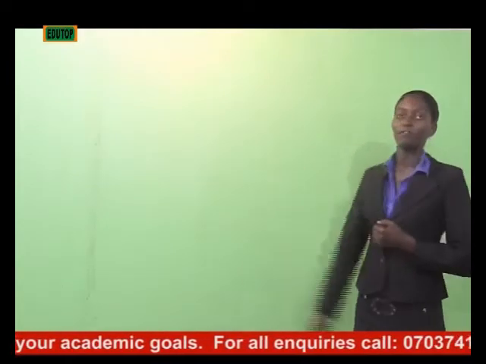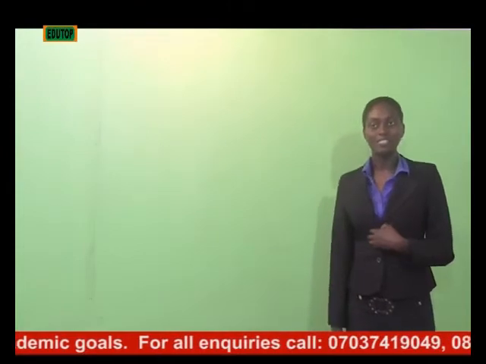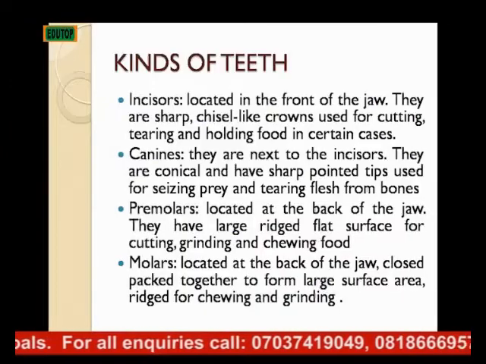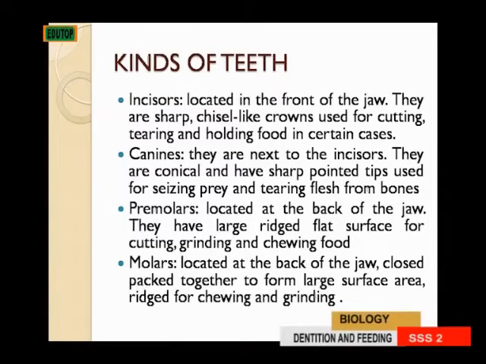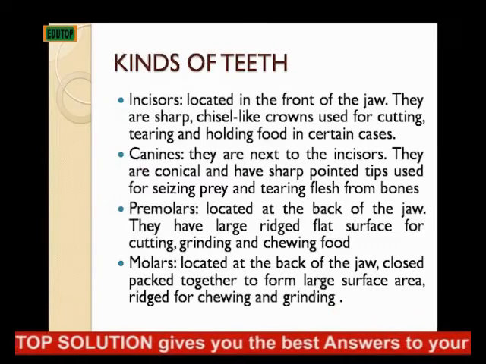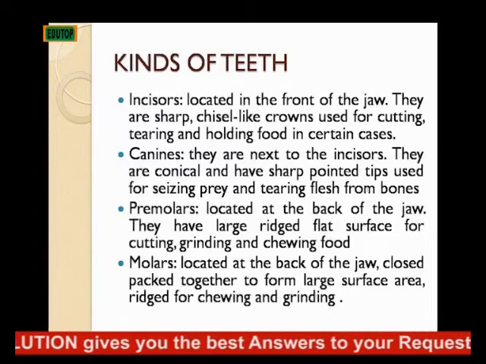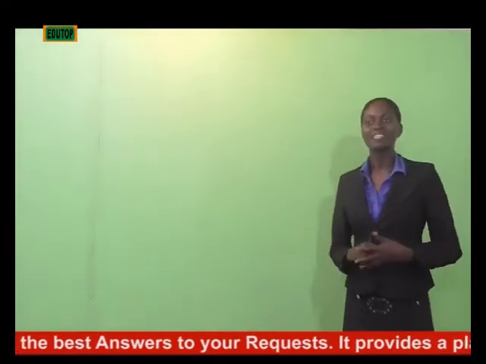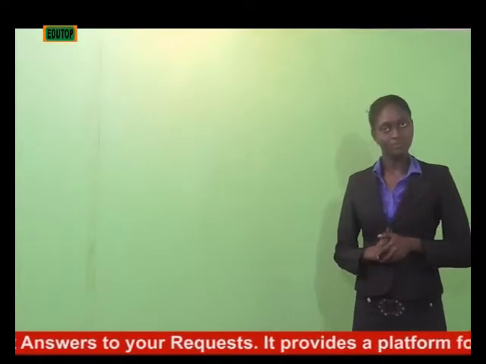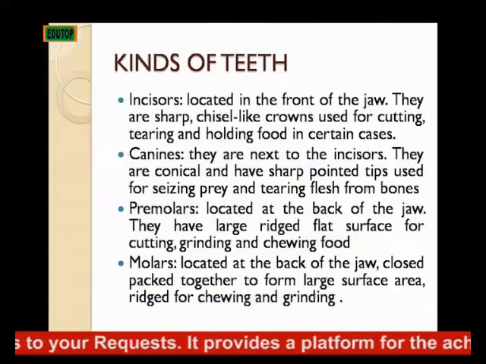The next kind of teeth is the canine, and they are next to the incisors. They are conical in shape and have sharp pointed tips used for seizing prey and for tearing flesh. So I say incisors are for cutting, canines are for tearing flesh. Then the next is the premolars.